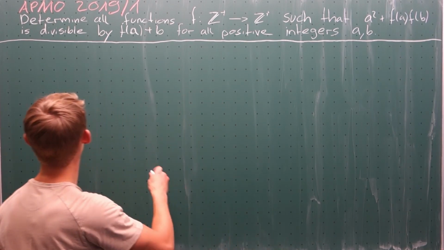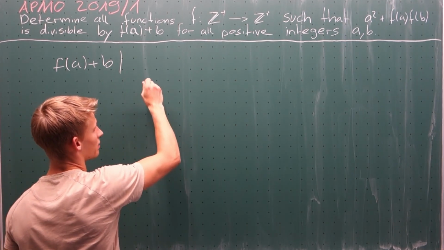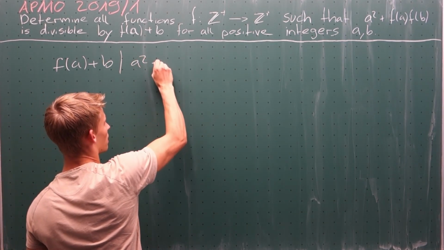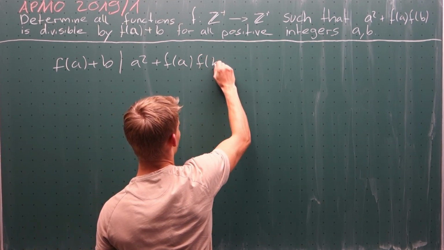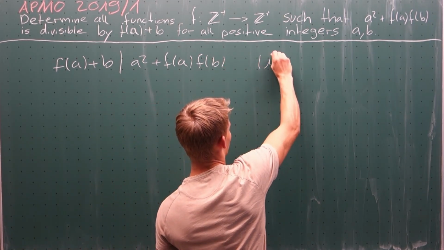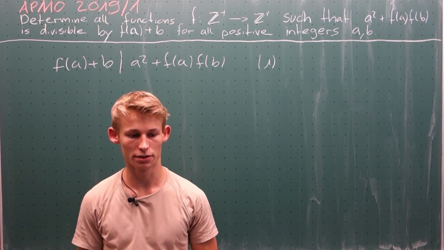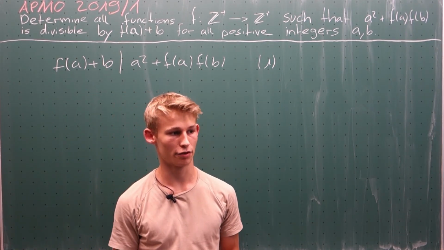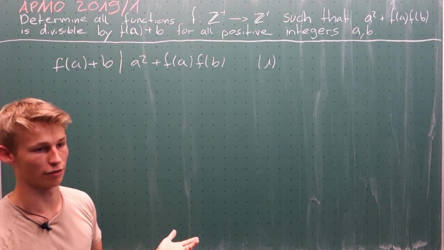So we can write down f of a plus b divides a squared plus f of a times f of b. So let's call this 1. Normally, if we have some divisibility properties, then it's always difficult to handle sums. Therefore, we want to get rid of the sum on the left hand side.